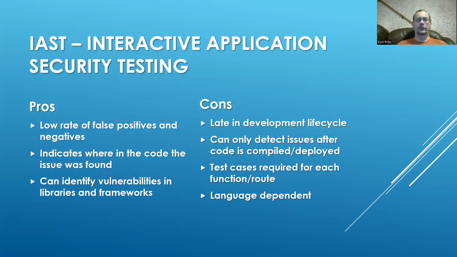Some of the pros for IAST, like DAST, it has a low rate of false positives and false negatives. And like SAST, it indicates where in the code the issue was found. And most IAST testing tools also provide a bit of SCA, software composition analysis, as well, integrated in with IAST solutions.